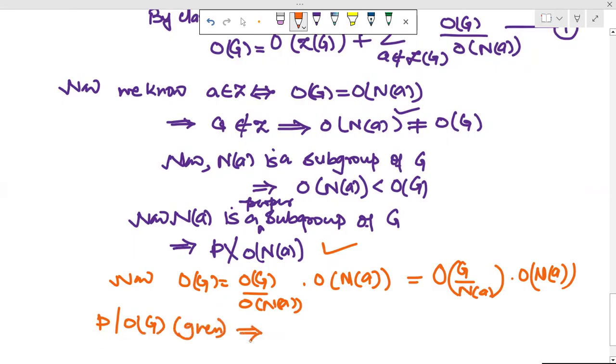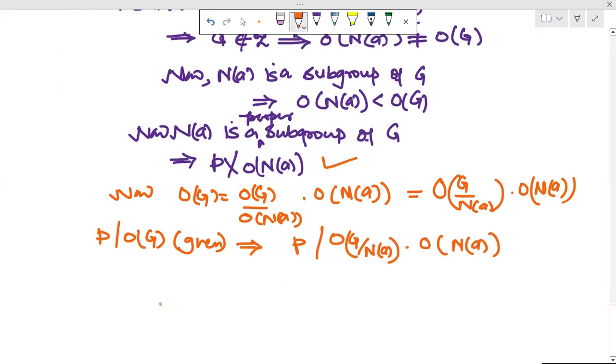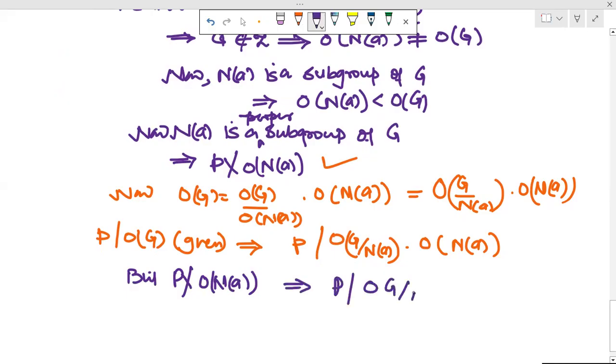This means P divides order of G by N(A) times order of N(A). Fine. But P does not divide order of N(A), this means that P divides order of G by N(A). This is what we are getting.